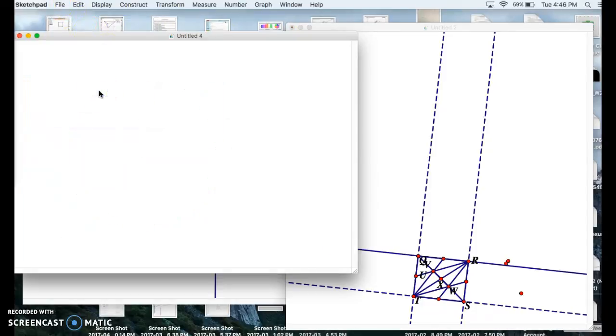Now let me remind you that in data analysis and statistics, the measures of center that are commonly used are arithmetic mean and median. In statistics, the median is the middle value of an ordered data set. But in geometry, medians are segments between the vertices of a triangle and the midpoints of the opposite side.